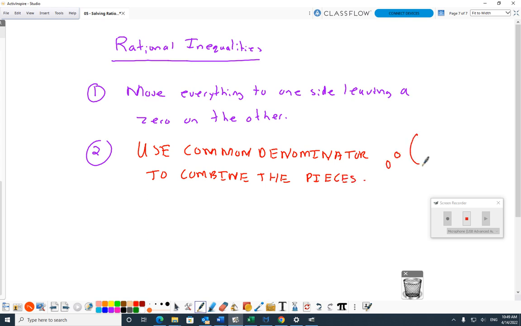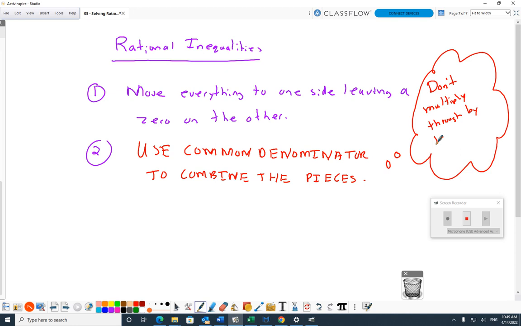And if you're not going to copy down anything else, this thought bubble's the big thing. Don't multiply through by the common denominator. And I know what just happened, that yesterday I pounded away on that idea. We want to multiply through by the common denominator, but we cannot do it for inequalities.